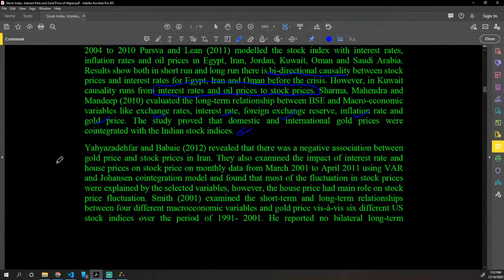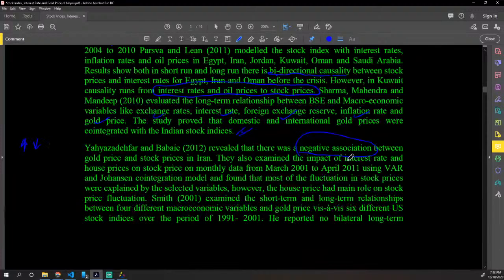Piazzetta Philosophy and Babbe revealed that there is a negative association between gold prices and stock prices. When the price of gold goes up, stock goes down, right?